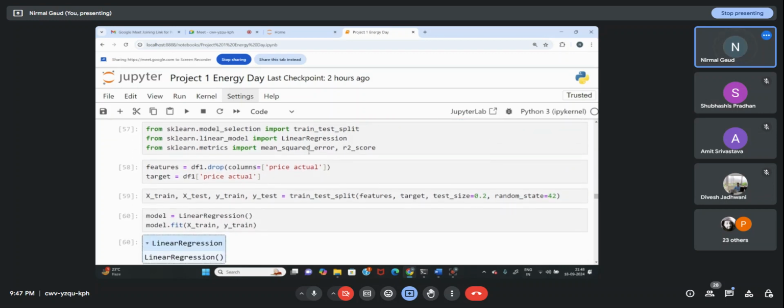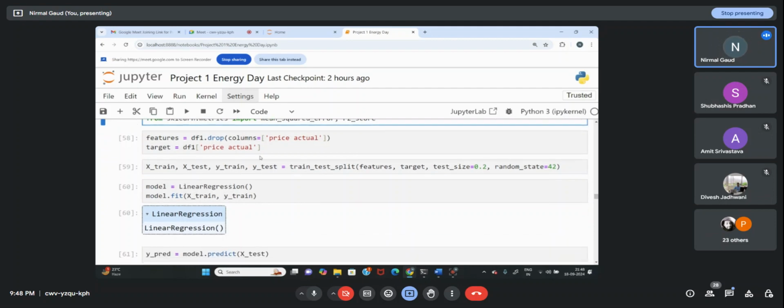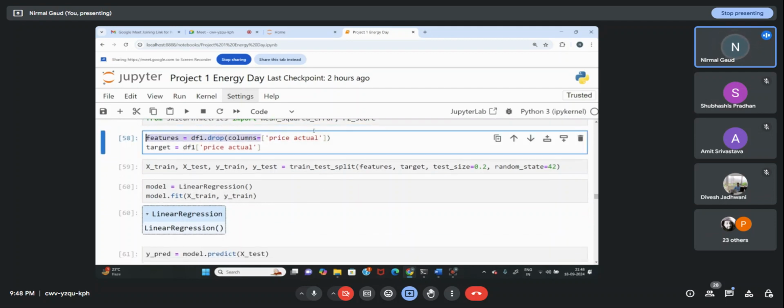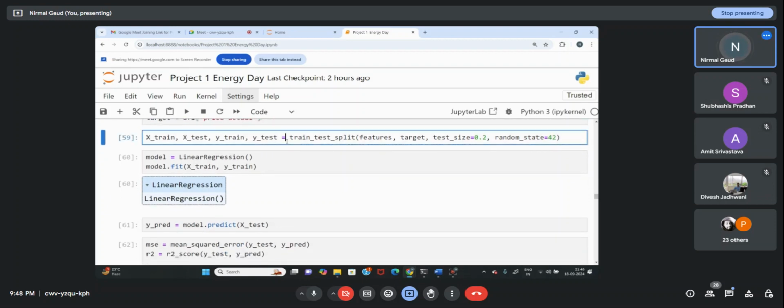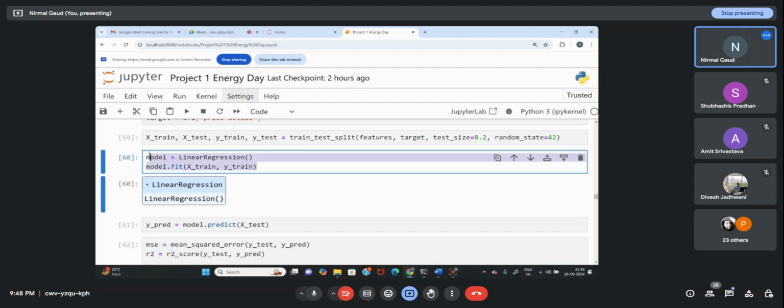Then here I imported linear regression, train test split, mean square error, and R2 score. I dropped the price column and took it on the y axis. I applied train test split to split the data, and I put my x train and y train in the linear regression algorithm.